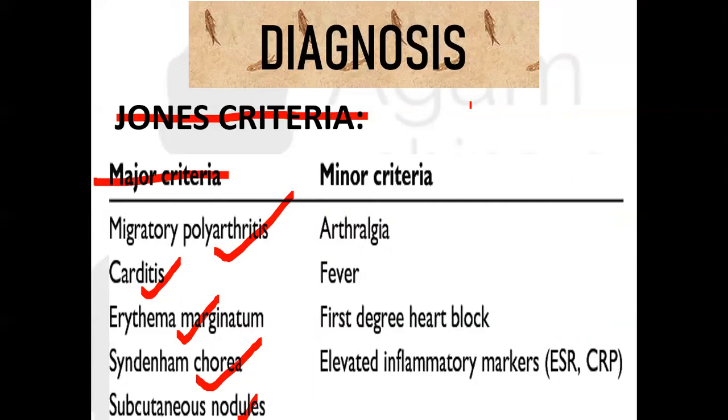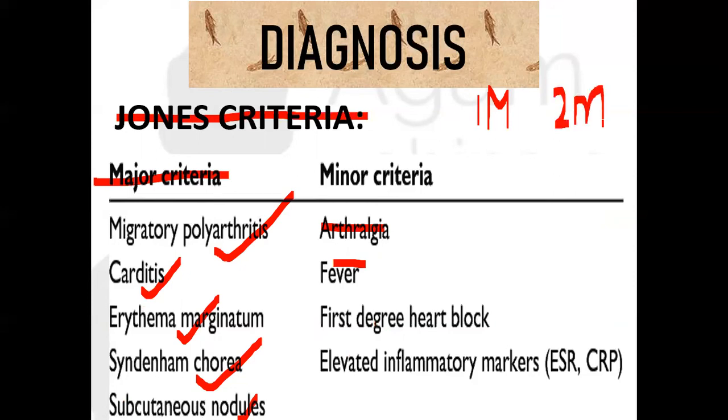Or else, suppose the patient presents with a migratory polyarthritis or the subcutaneous nodule, and there is a fever or arthralgia, all these minor criteria, then you can go with 1 major, 2 minor. So this is the Jones criteria.